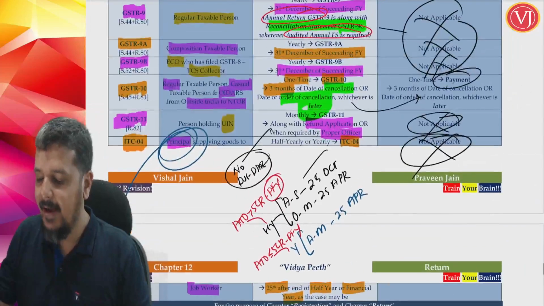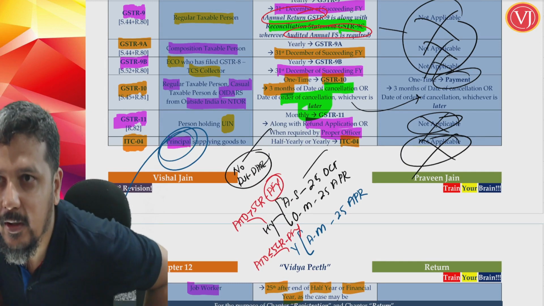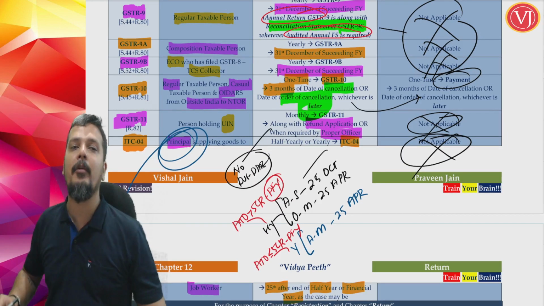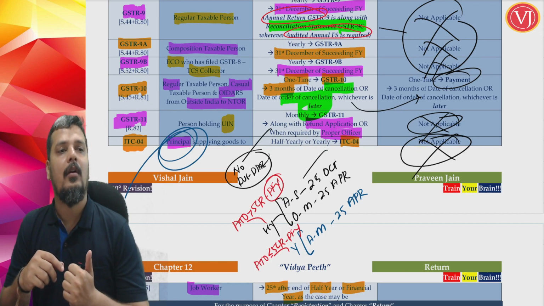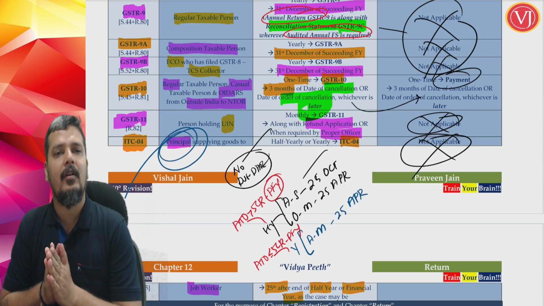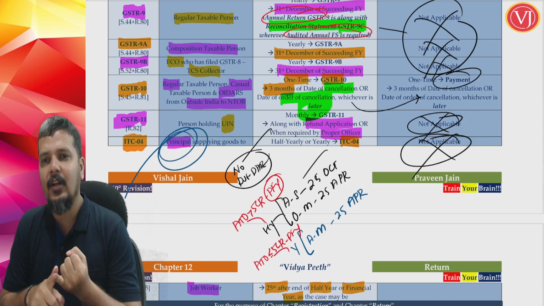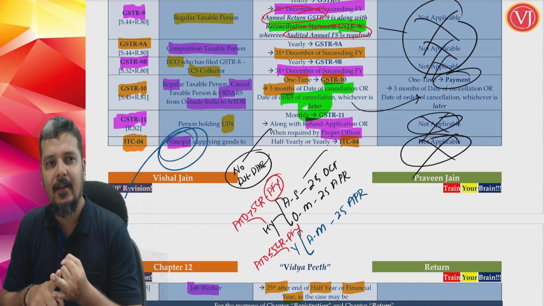If you look at the payment aspect, there are certain cases where you don't make the payment. Can you list them out? ITC 04, you don't have payment. GSTR 11, you don't have payment.